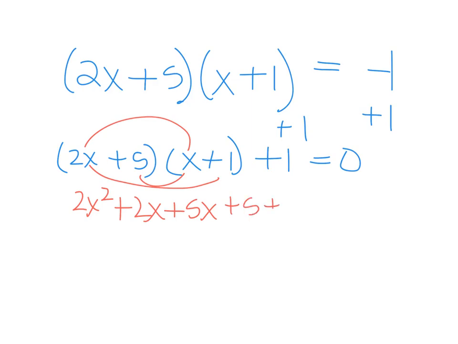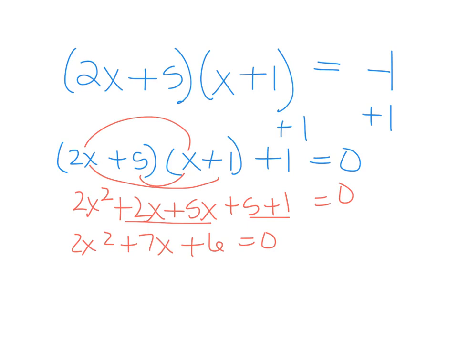But then I'm going to bring down this extra plus 1, and it's going to be part of the problem. It wasn't part of the FOIL, but it is part of this work. So now I've got 2x squared plus 7x plus 6 equals 0. Now I can start factoring it because I have a quadratic equation equal to 0.